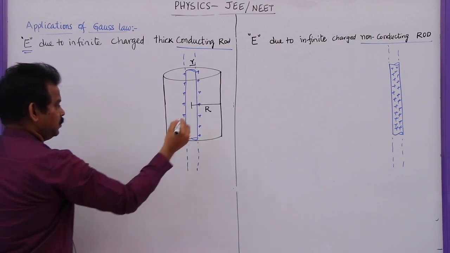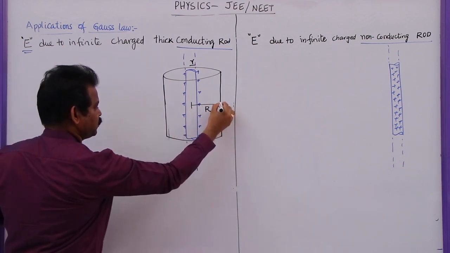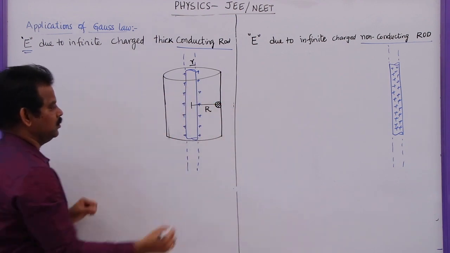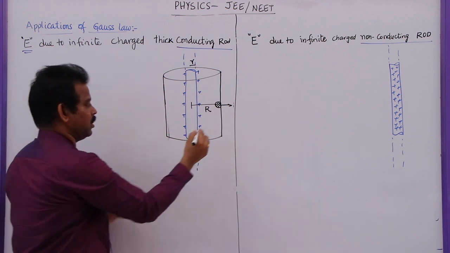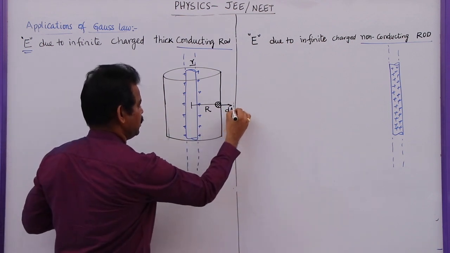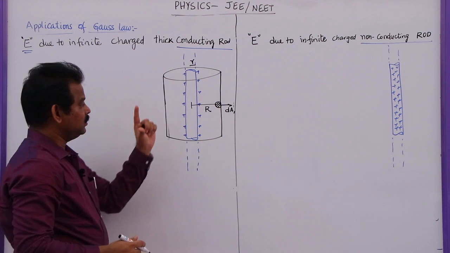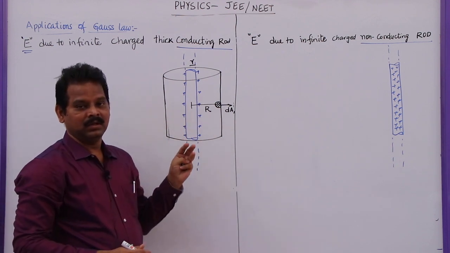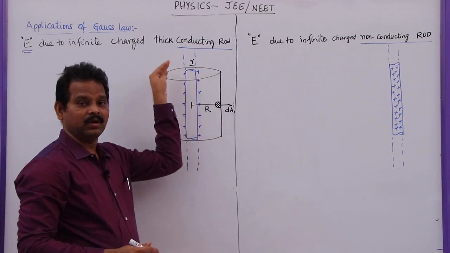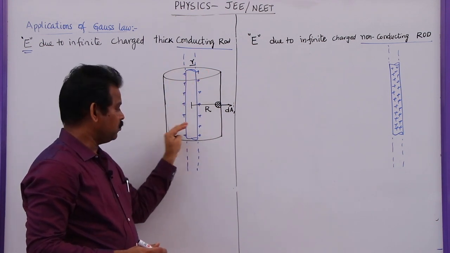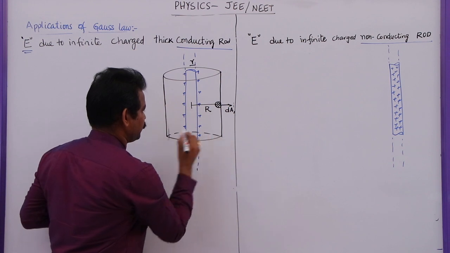Now, I wish to find out electric field at this point. So let me take a small elemental area here, whose area vector, which is always for a closed surface, outward normal. Let me take this as dA1. But this cylindrical Gaussian surface has three surfaces: one curved surface, one circular surface on the top, and one more circular surface at the bottom.